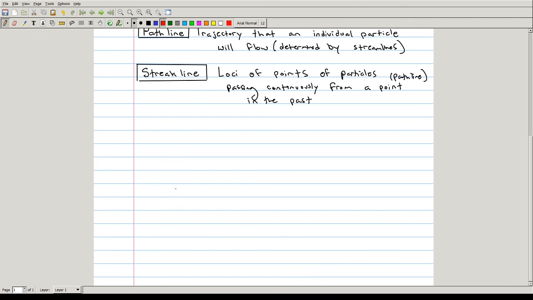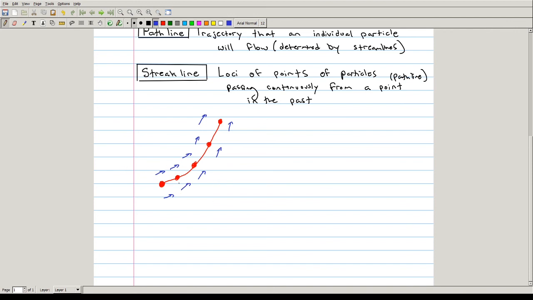So let's say, for instance, we have a given massive particle that's traveling in some vector field. And this is the path line of said particle traveling through some vector field. This is immersed in some vector field, could be a fluid flow field, or it could be an electromagnetic field.